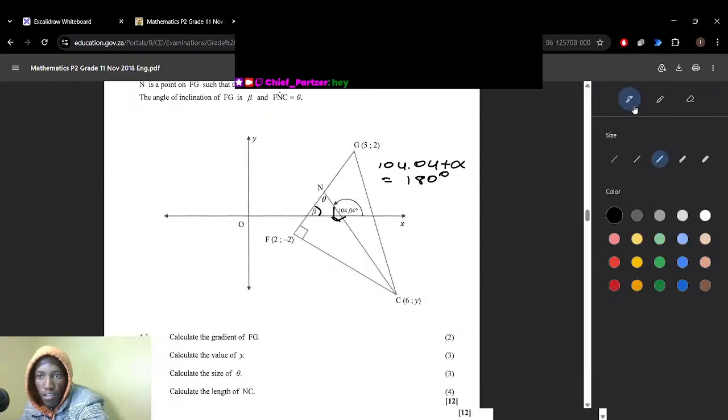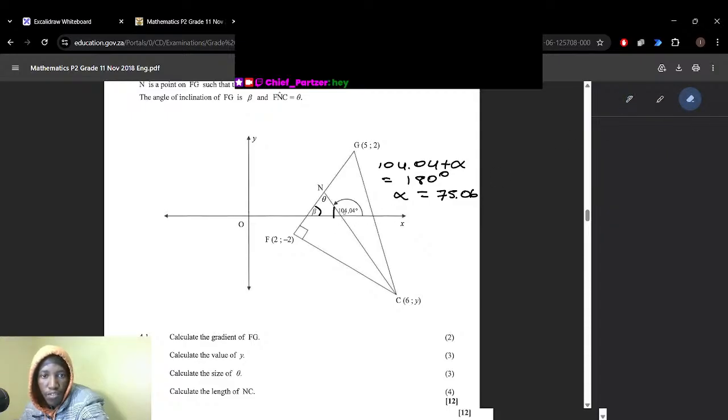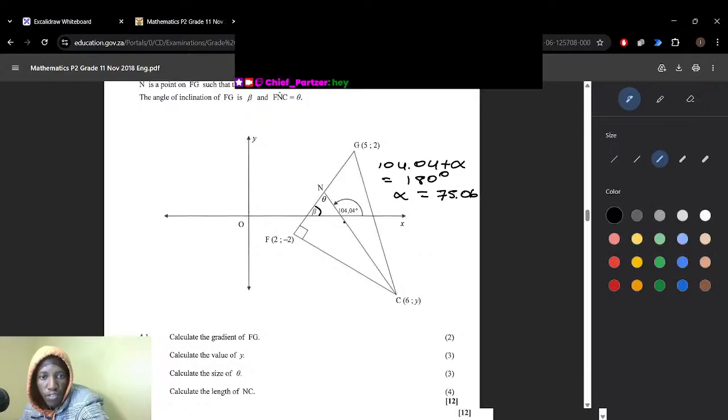So the value of alpha is 180 minus 104.04, which is 75.96. So we have found alpha and we have found beta.